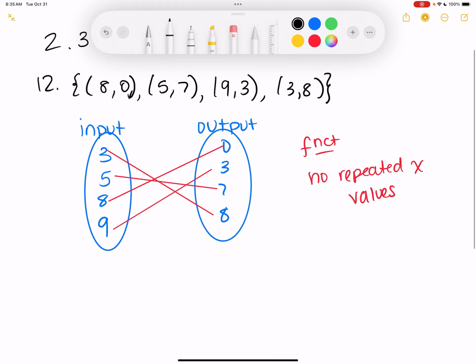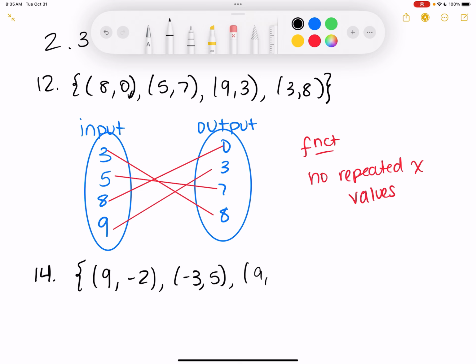For number 14, I'm going to show you a different way we can do this. We've got (9, -2), (-3, 5), and (9, 1).